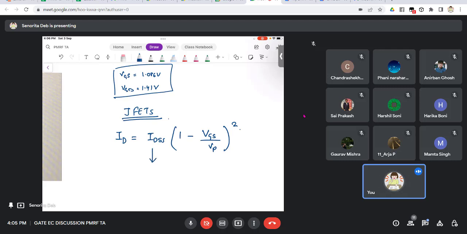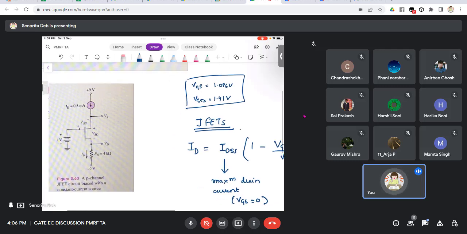IDSS is the maximum drain current that flows, because this is the current at VGS equals 0. You can see if you put VGS equals 0, you will get ID is IDSS, right? So this was the formula.